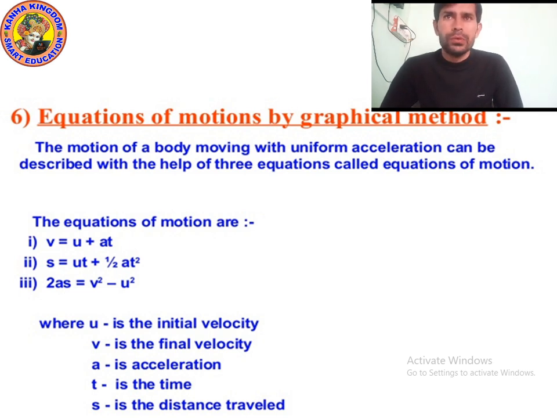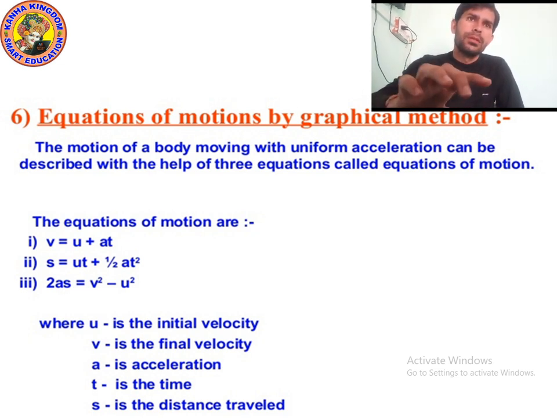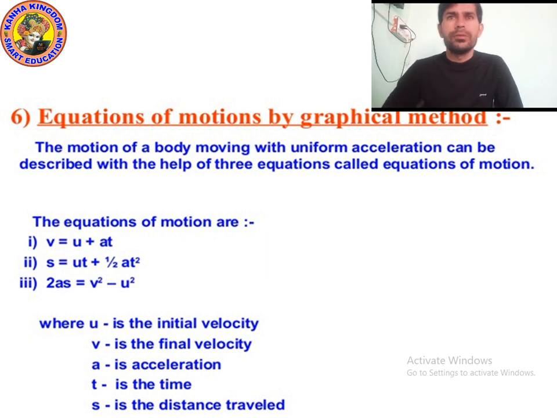So, equations of motion by the graphical method. As you can see, these are the equations for the motion of a body moving with uniform acceleration. If a body is moving with uniform acceleration, its motion can be described with three equations.